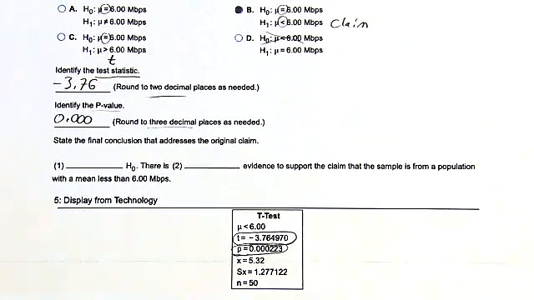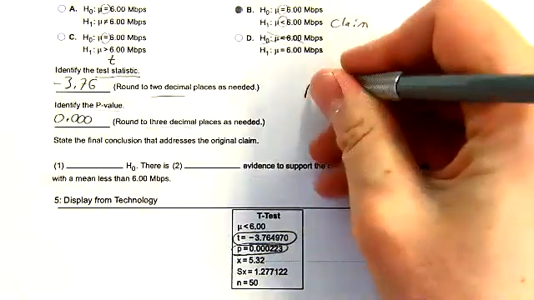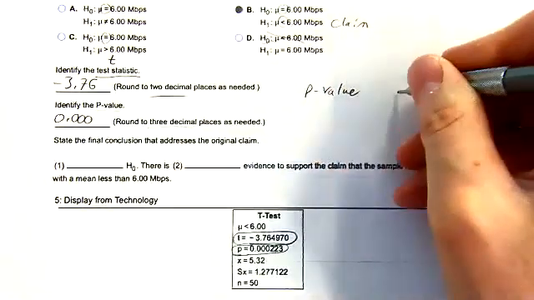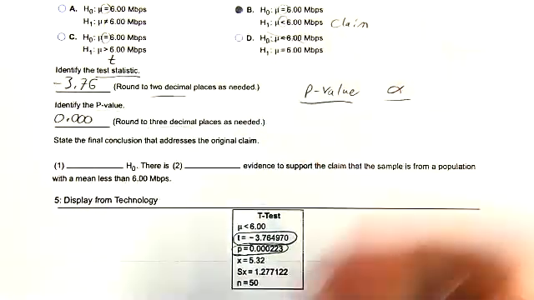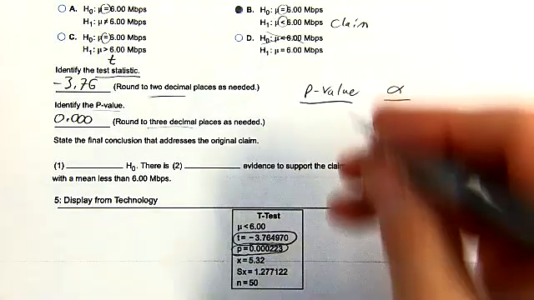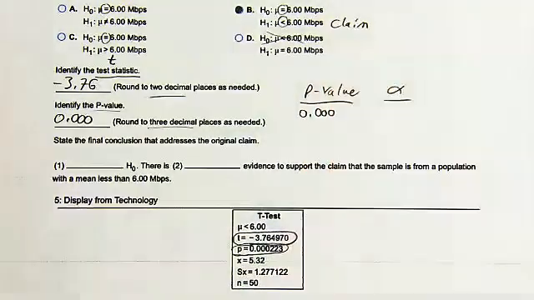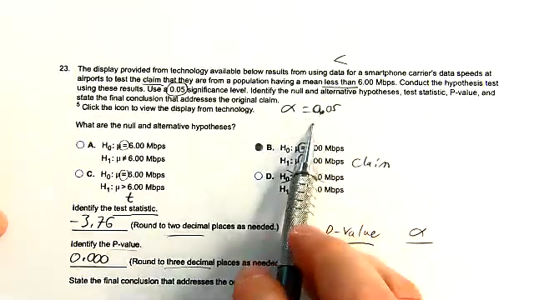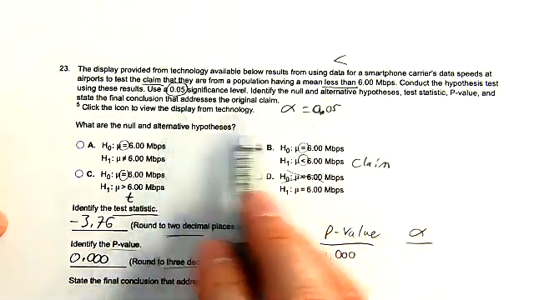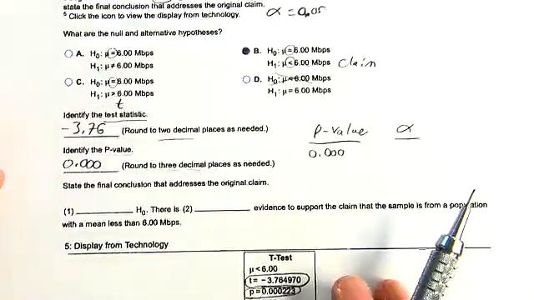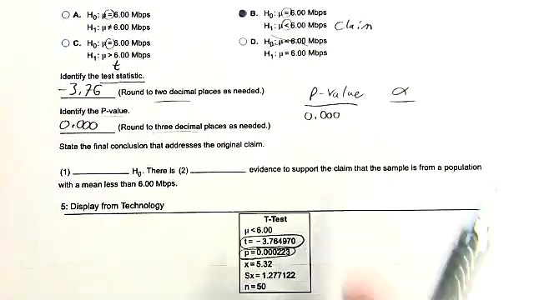Always in these problems, the last step is to compare the p-value to alpha and see which is bigger. Our p-value is 0.000. Our significance level alpha we wrote as 0.05. So we're just going to compare those two.